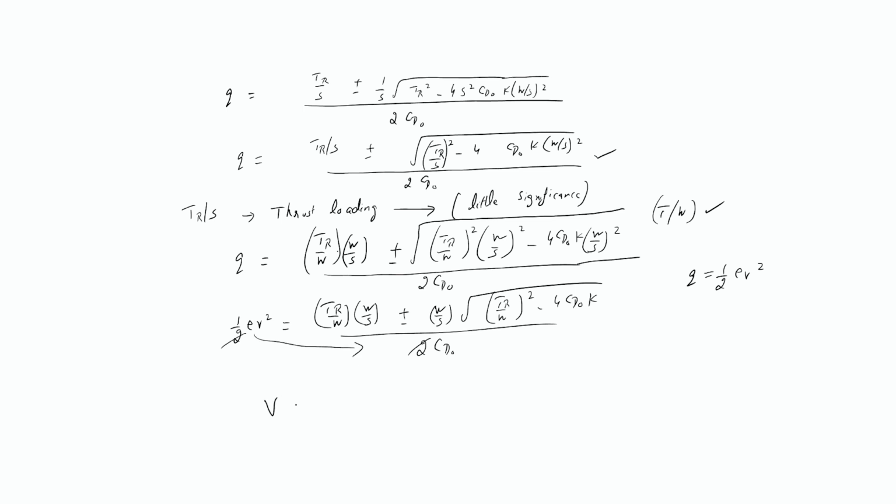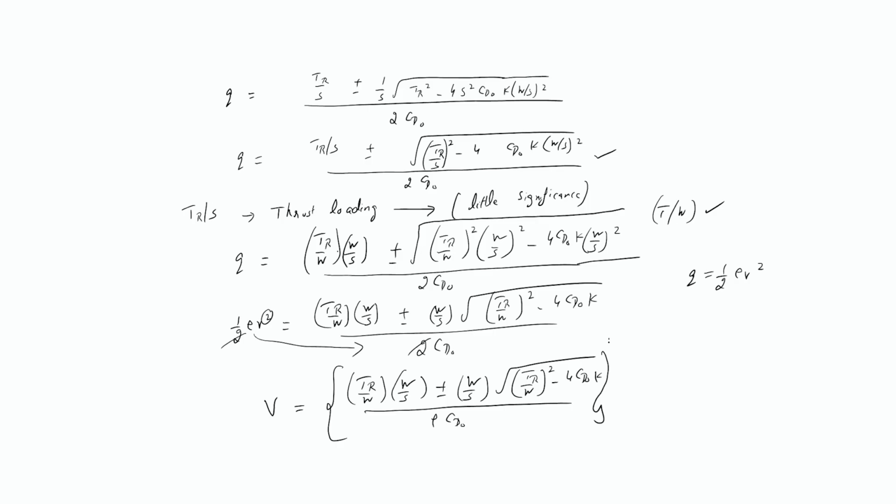So velocity is written as TR by W, W by S, plus or minus W by S square root of TR by W whole square minus 4 CD naught K, divided by rho CD naught. Here we had V square, so we'll write this whole term to the power 1 upon 2. Let us take this as equation number 5.